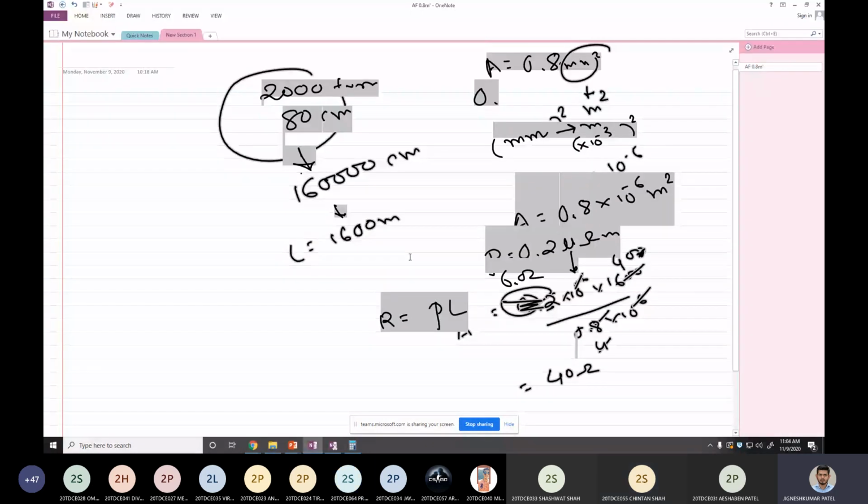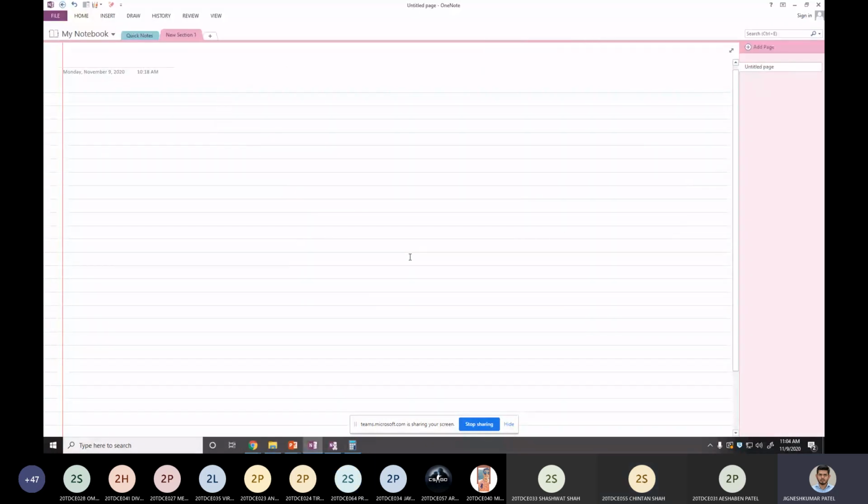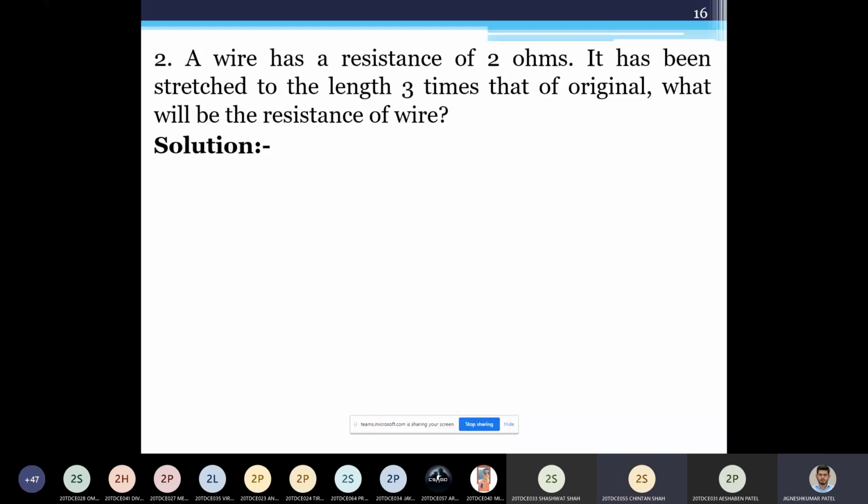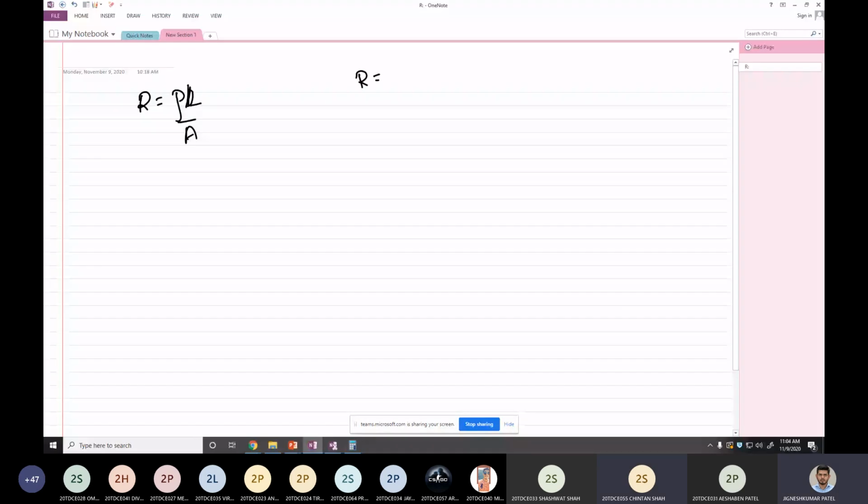How to do this? If someone has difficulty, we'll try to solve this. We know that R is equal to rho L by A. Here we know the value of R, that is 2 ohm. And the length was L, and from this I have converted it to 3 times.